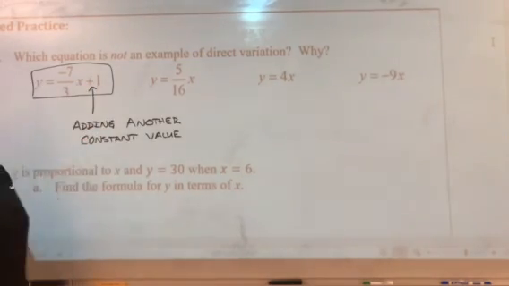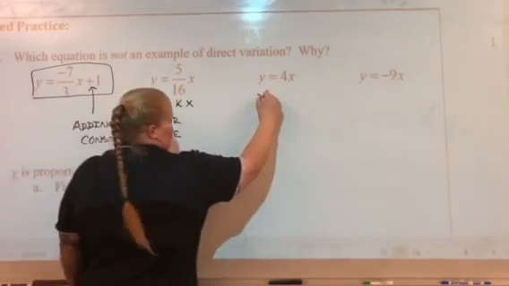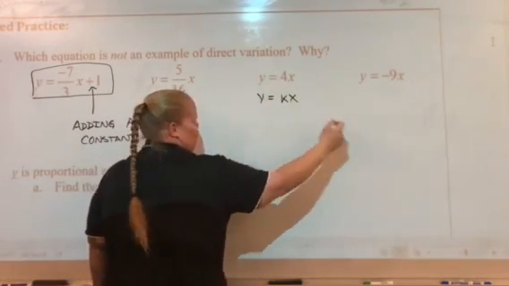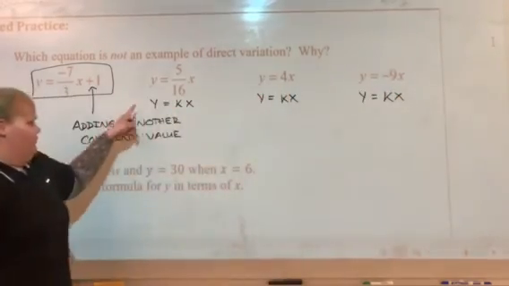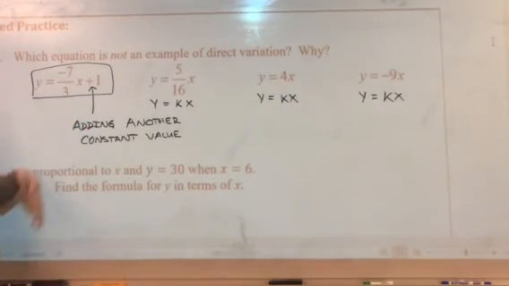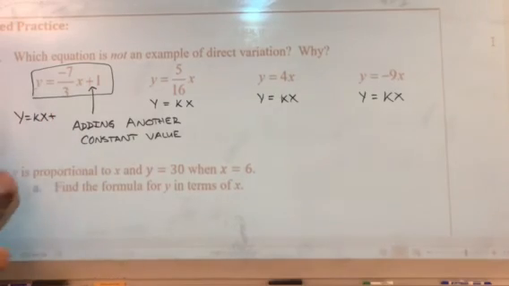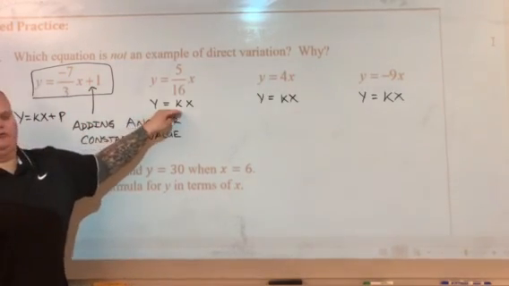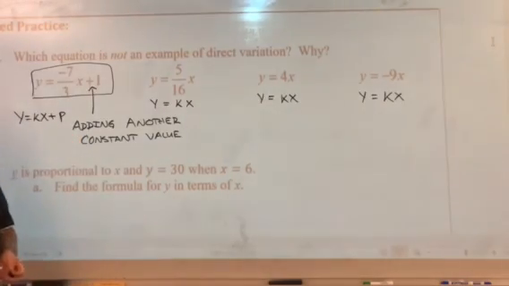All of these other things follow the formula y equals k times x. They all follow the same format, every single one of those, except for this one. Because this would be y equals k times x plus something else, we'll call it p. This doesn't look the same as our original formula. That's why it's not an example of direct variation.